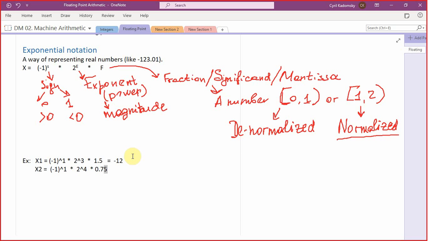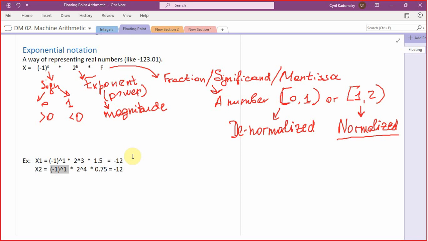So the fraction part is such, exponent part is such, and this number is exactly 12 also. If you calculate 2 power 4 multiply 0.75, you obtain again 12. And minus comes from here as before.